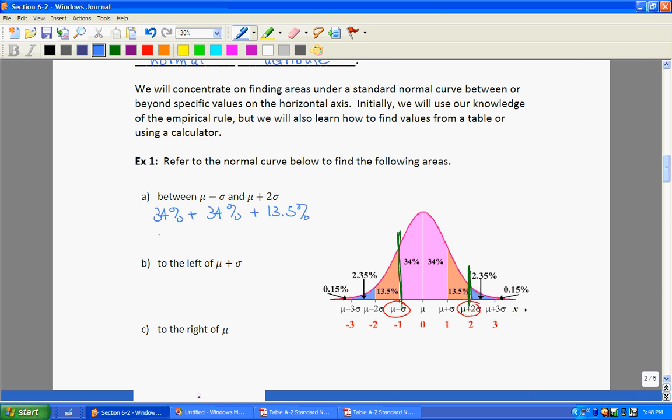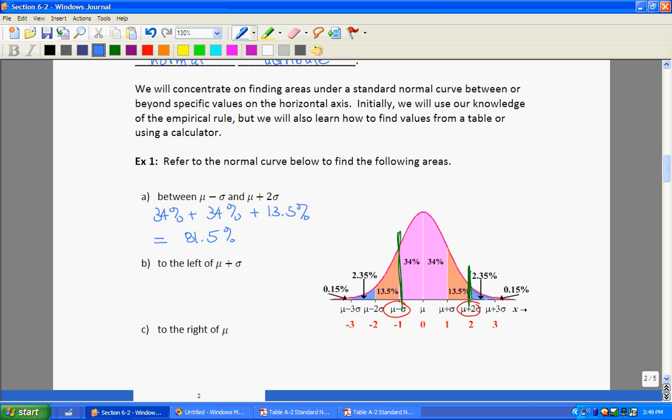And if I sum all of those up, I get 81.5. So between mu minus sigma, which is one standard deviation below the mean, and mu plus 2 sigma, or 2 standard deviations above the mean, the amount of data I capture in between those two values is 81.5%.